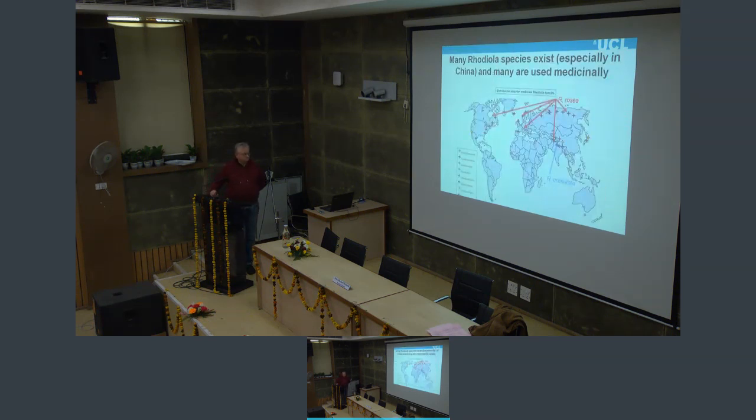We talked about the distribution and it being very important, very close to us here. So here's the southern Himalaya, and you see Rhodiola rosea is found in this part of the Himalaya, goes down into Myanmar, etc. You find it very widely in northern parts of Russia.